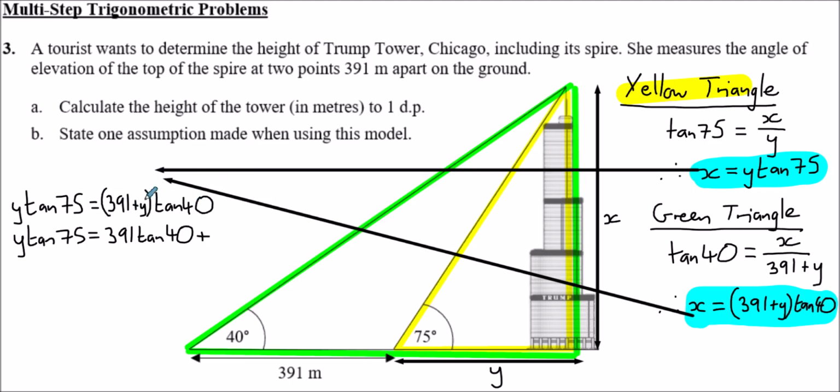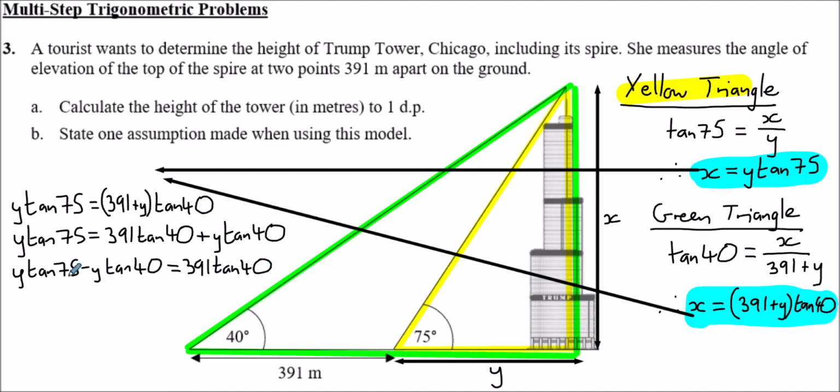So 391 tan 40 plus y tan 40. I'm now going to subtract y tan 40 from both sides. So y tan 75 minus y tan 40 equals 391 tan 40.